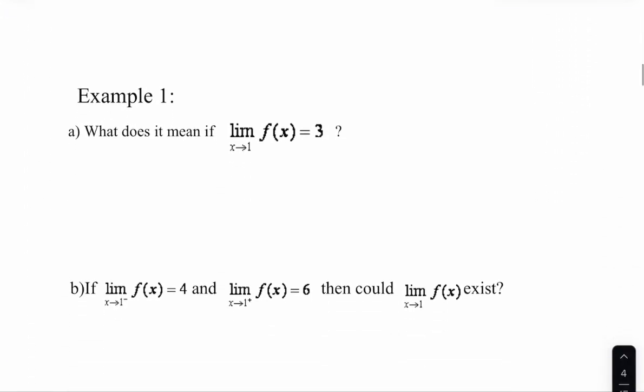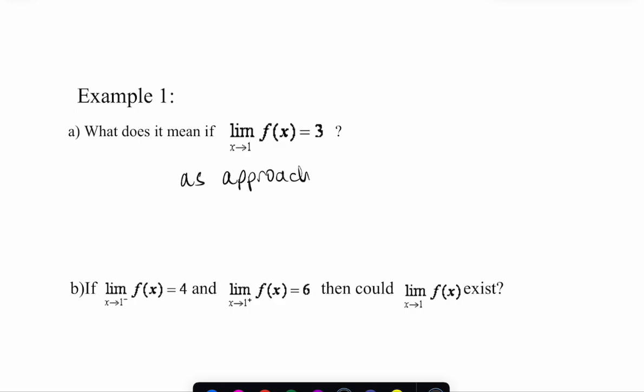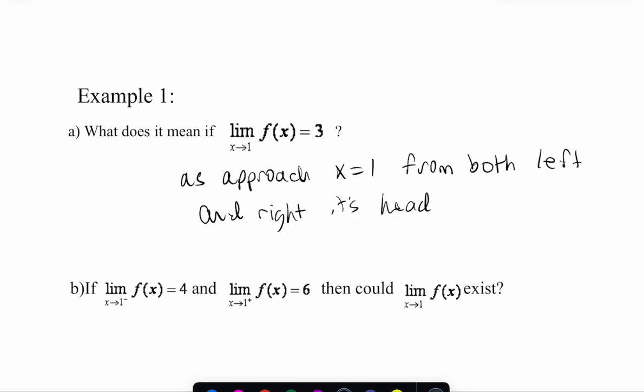So example 1 here. What does it mean if the limit as x approaches 1 of f of x is 3? All we are guaranteed is that as we approach x equals 1 from both the left and the right, it's heading to a height of 3.